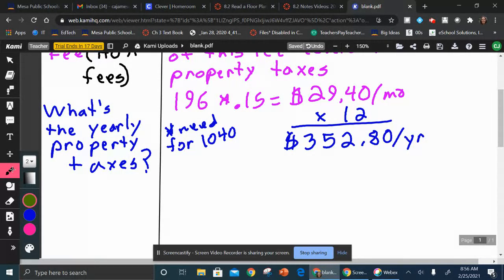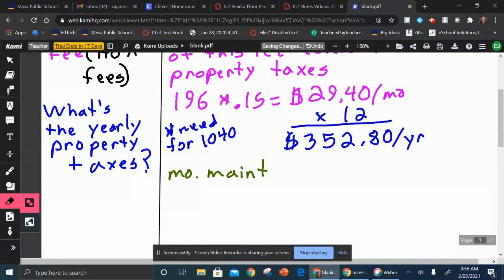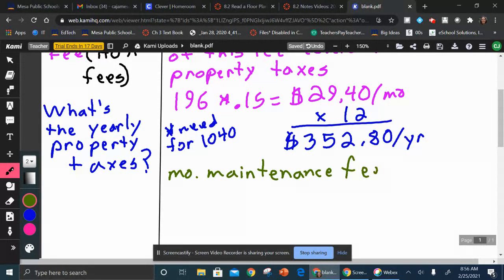So let's say that the monthly maintenance fee or the HOA dues is $108. Okay. 20% goes towards property taxes.